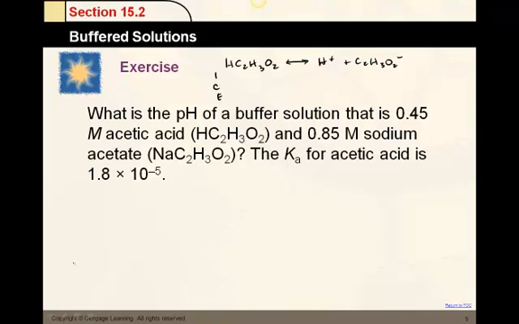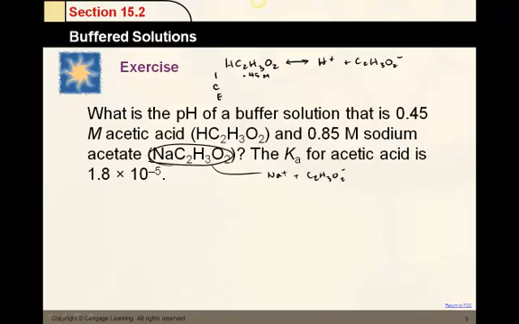We know that it's 0.45 molar. Now, you notice the sodium acetate will produce sodium ions and acetate ions.